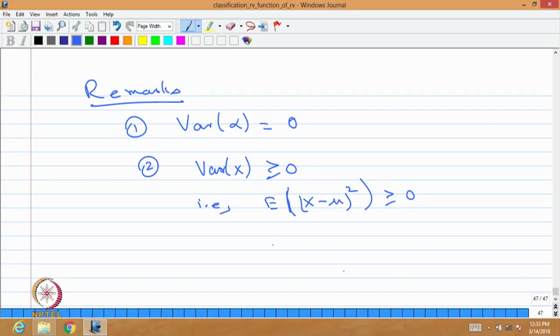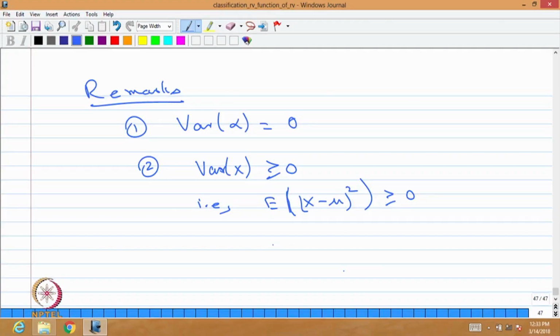If x is a continuous type random variable, then it is the integral from minus infinity to infinity of (x minus mu) whole square times the probability density function, and again the integrand is greater than or equal to 0. Therefore, if the variance exists, then this quantity is also going to be greater than or equal to 0.